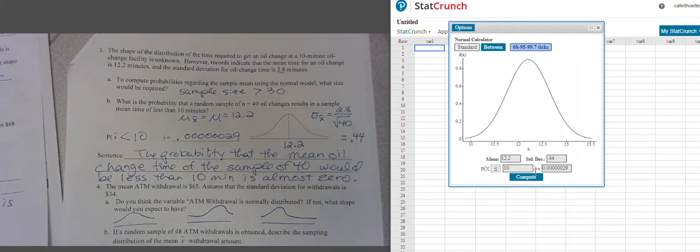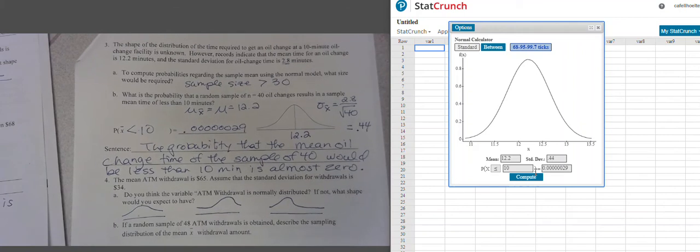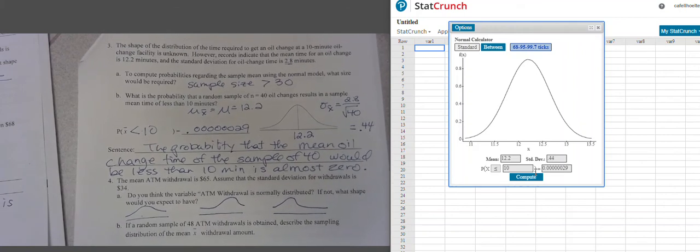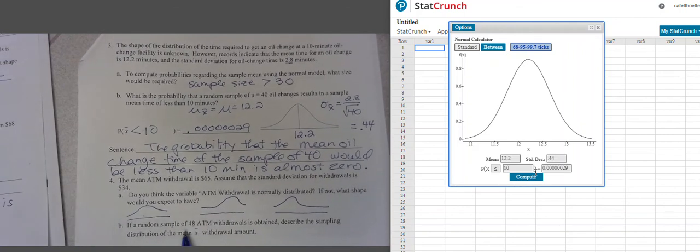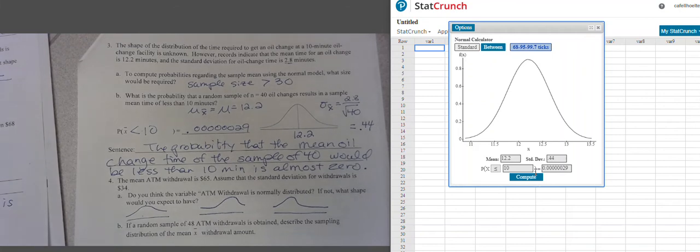So we have to consider our sample size, whether or not we can use this normal model to figure out probabilities. So in part B, we're taking a sample of 48, so that is greater than 30. So we can apply the central limit theorem here and use our normal model to figure probabilities.